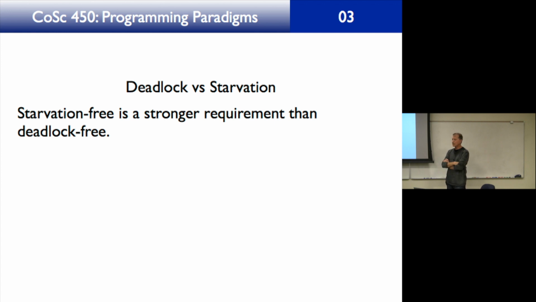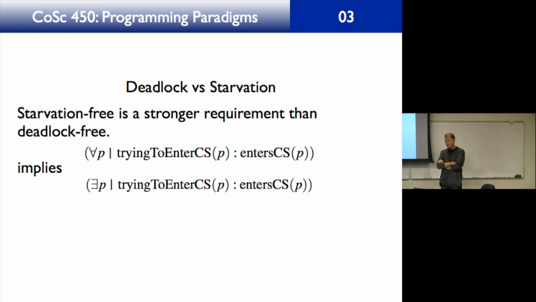Fewer. Which one implies which one? If we say P implies Q, which one is stronger, P or Q? P is stronger, right? So which one implies which one? Starvation-free is stronger than what? Deadlock-free.